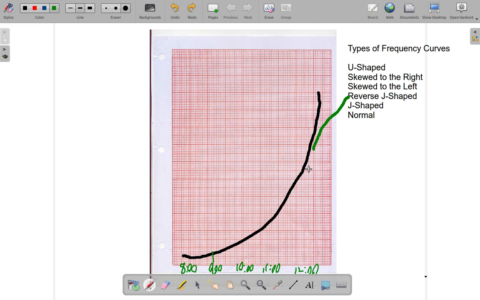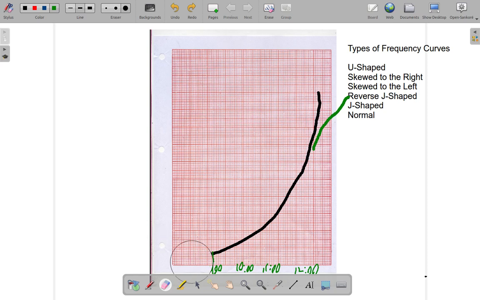So you have a rapid increase in the growth of bacteria. It could be that. So that's one example of where you have the reverse J-shaped curve, or the reverse J-shaped distribution.